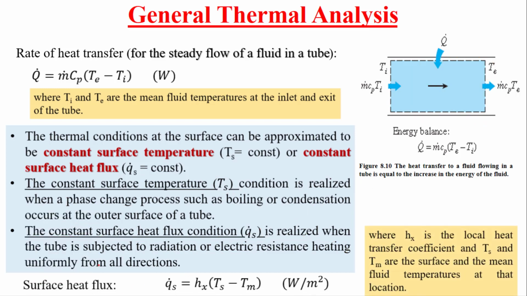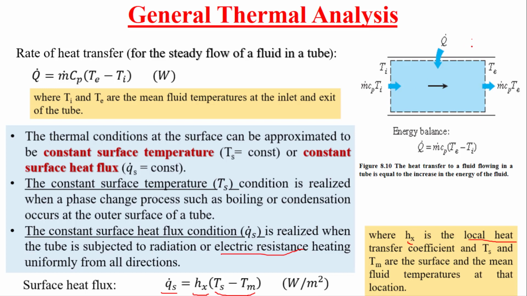And you know very well that the surface heat flux that comes from, for example, electrical resistance is equal to h local multiplied by (Ts minus T mean), where hx is the local heat transfer coefficient, and Ts and T mean are the surface and the mean fluid temperature at that location.